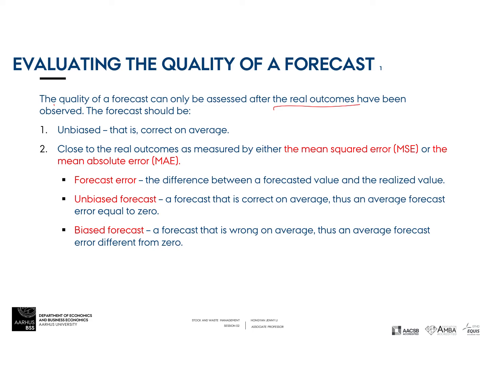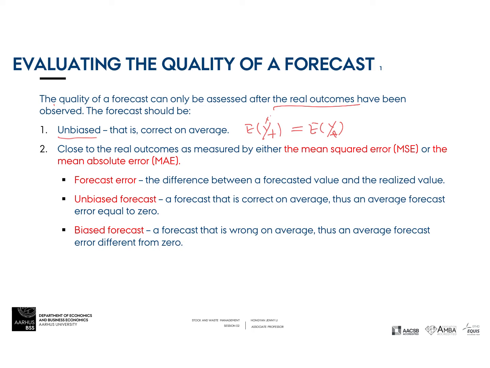So first there are 2 criteria to evaluate. First is called unbiased. That means your estimate on average is the same as the real outcomes. So basically, if the average of your estimated values equals the average of the real values, that means it is good.